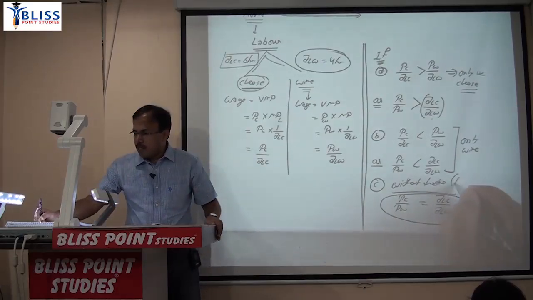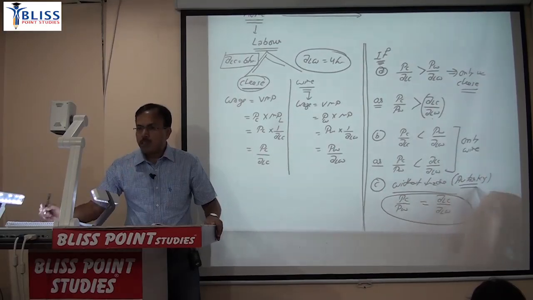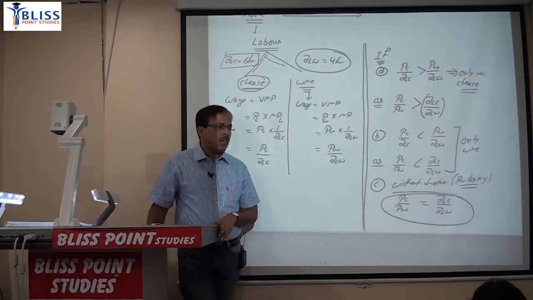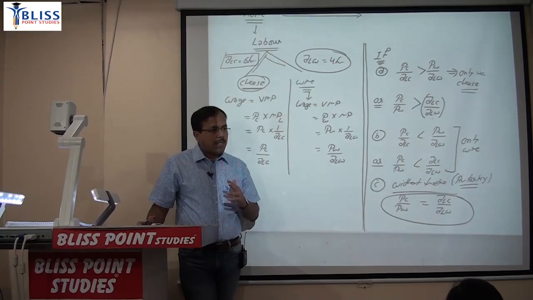And the absence of trade is technically called the autarky condition. Autarky means country in isolation, no trade. So what are autarky prices? Autarky price means price in the absence of trade.